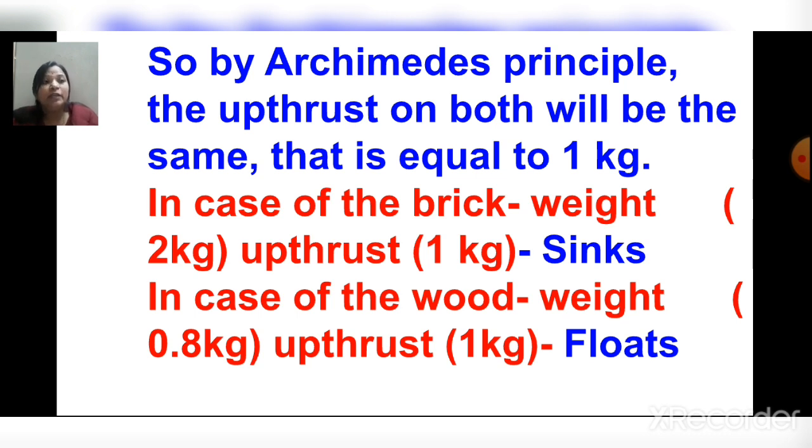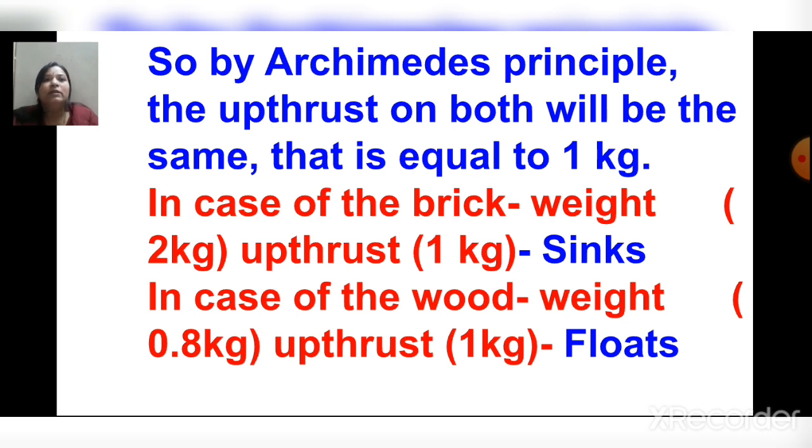Now, in case of brick, the weight is 2 kg while upthrust is 1 kg. So, weight is more than upthrust. So, brick sinks in water. Now, in case of wood, the weight is 0.8 kg and upthrust is 1 kg. So, weight is less than upthrust, so it floats in water.